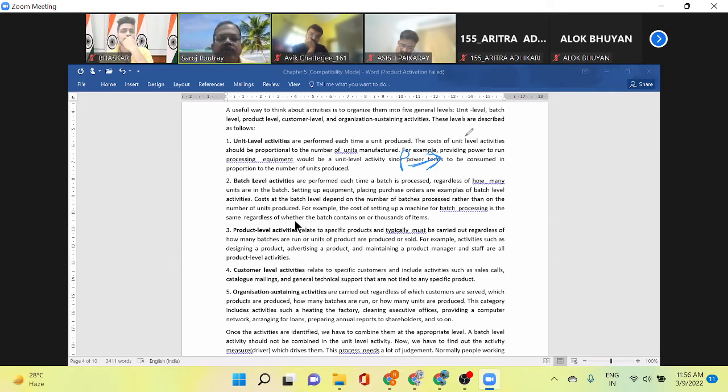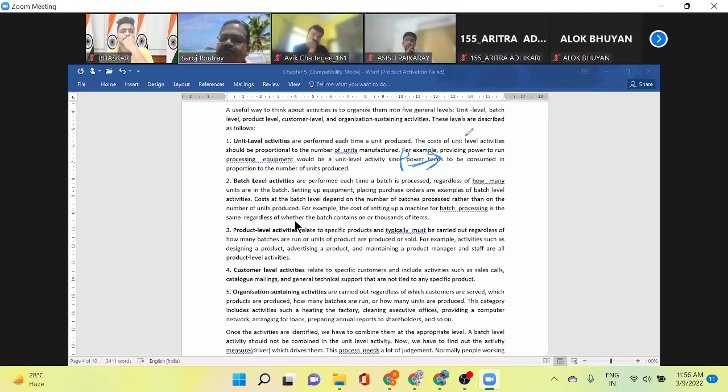Once I set up the batch and I manufacture, at a time I manufacture one particular color. If it is black, I manufacture all black markers. If it is blue, I manufacture all blue markers at a time. So it is never like one black, one blue will come out of a batch. A batch will be of a particular type of product.